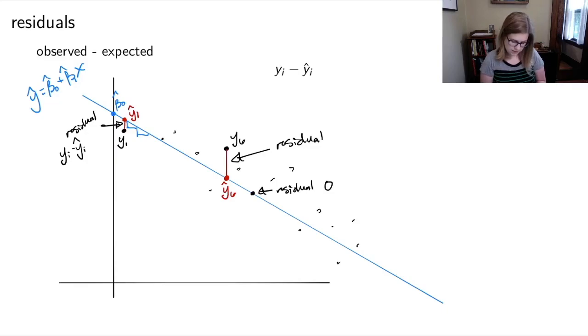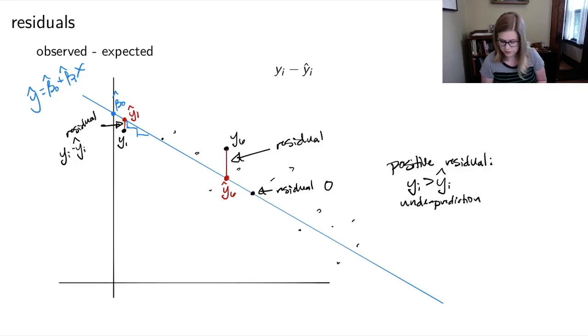But then we've got some positive and some negative residuals, and you could think about the residual for every single point. So if we were thinking about a positive residual, that means that y i is greater than y i hat, because when we did y i minus y i hat, we got a positive number. So that means that y i had to be bigger. And that means we underpredicted.